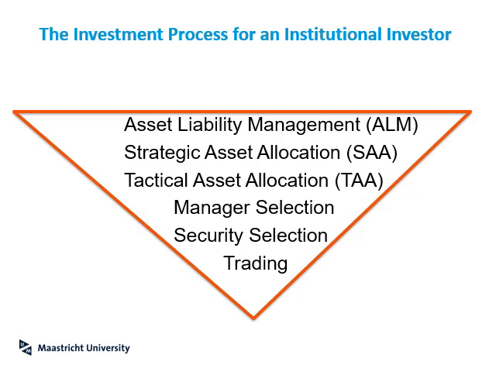Then later on Wednesday, when we talked about the article by French, we looked at whether tactical asset allocation, which means trying to beat the average, and selecting a manager, where we looked at active and passive managers, is wise or not. So in week 3, we actually go down this triangle from ALM to SAA, TAA, and to manager selection. This again is to help you connect the dots and to see where we are in the course.